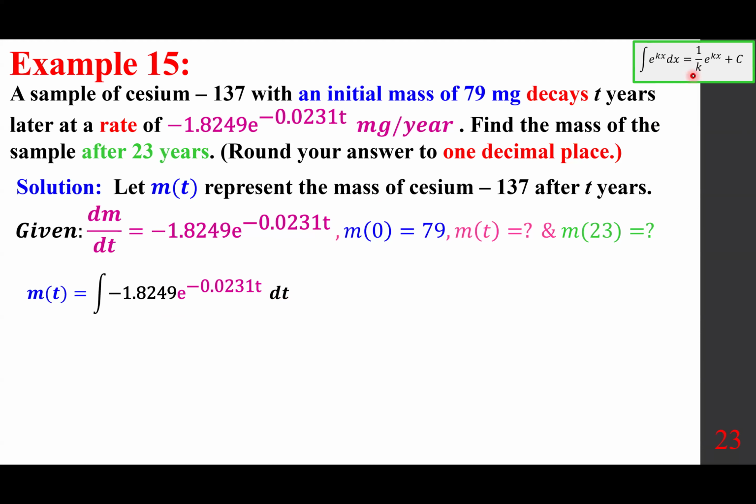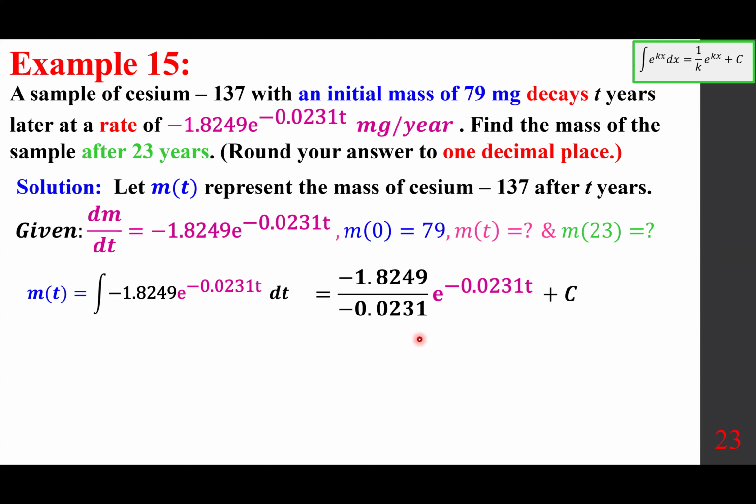How do you integrate? Divide by k. So the answer is itself, divided by negative 0.0231, and you have a constant. So we have this number, negative 1.8249, divided by the coefficient of t, then e to the power of the same thing, and a constant.